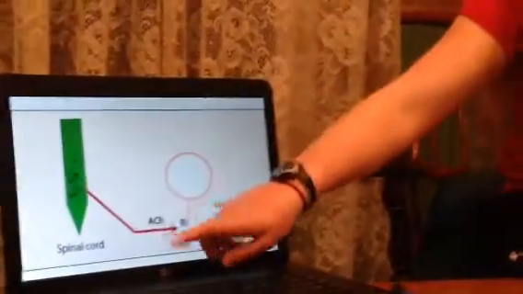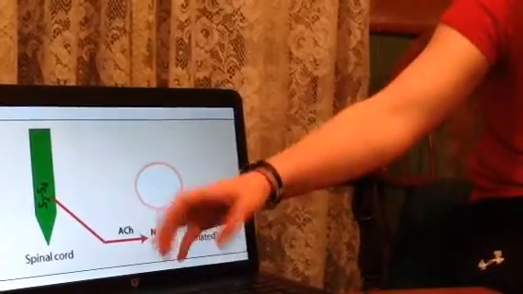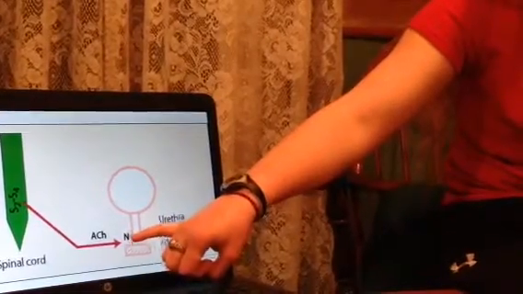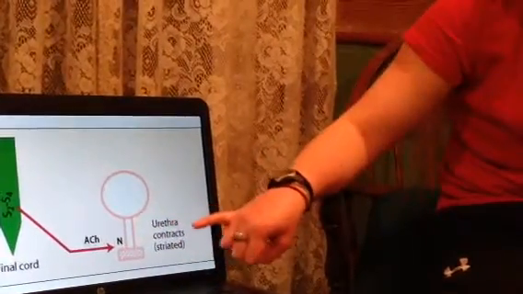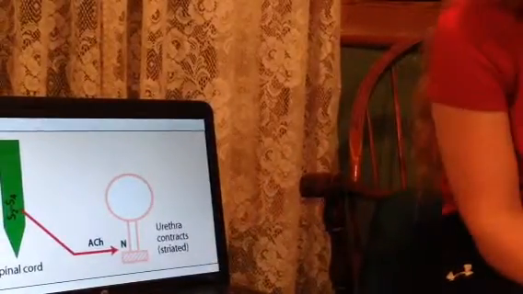Somatic nerve terminals release acetylcholine, which acts on skeletal muscle type nicotinic receptors to induce muscle contraction. Okay, so once again, here's your spinal cord in the sacral region. Sends the signal with acetylcholine, which I said before, which excites the nicotinic receptor, which causes the striated urethral muscles to contract.